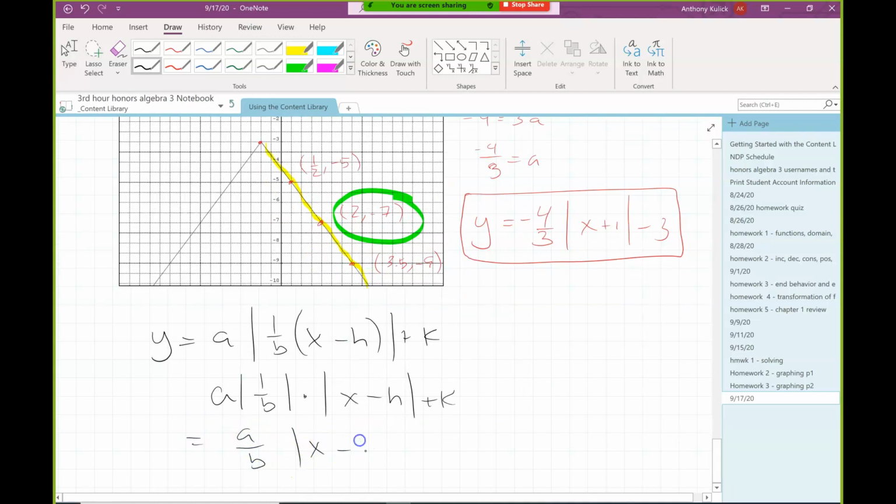And that b can always just turn into an a, basically. So anything that I can describe as a horizontal stretch or shrink, I can also describe as a vertical stretch or shrink. So I don't need to worry about the b's ever. I can write everything as an a, which simplifies everything down for us.